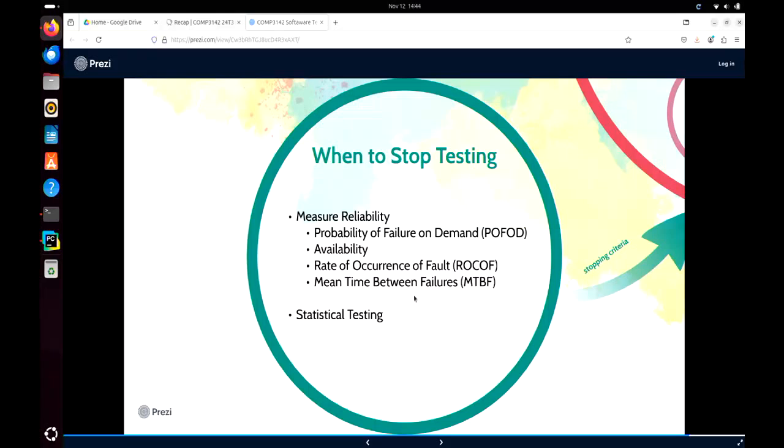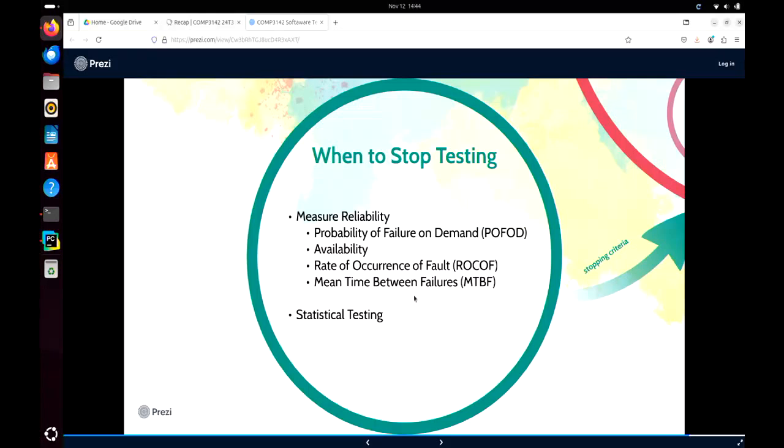We have learned different metrics for measuring reliability: probability of failure on demand, which is the number of failures divided by the total number of requests; availability, which is related to the uptime of the system; the rate of occurrence of faults, which is how many faults we encounter in a period of time; and mean time between failures.